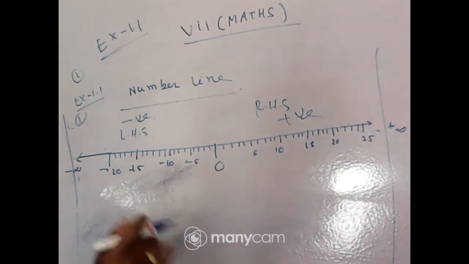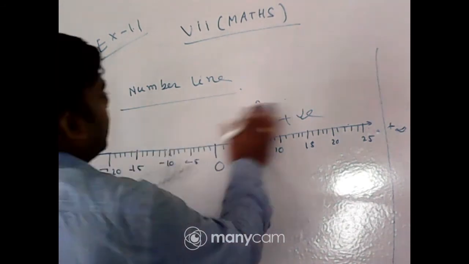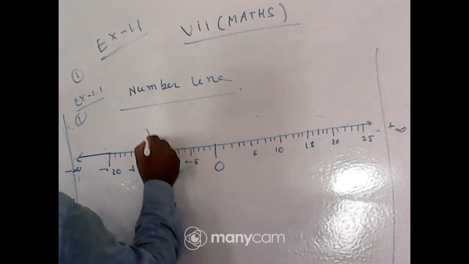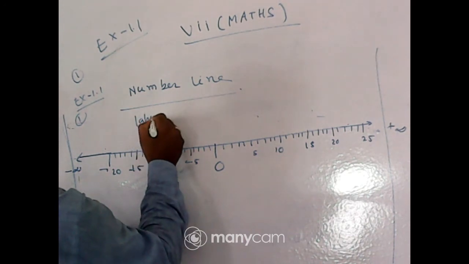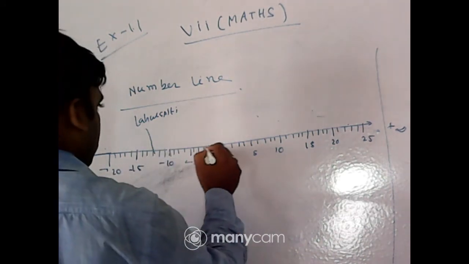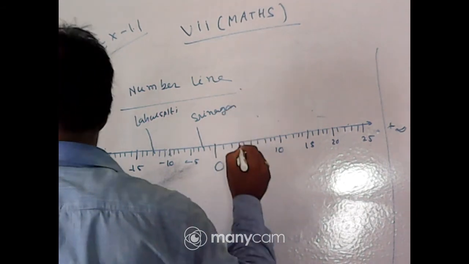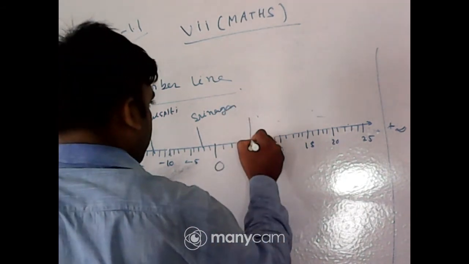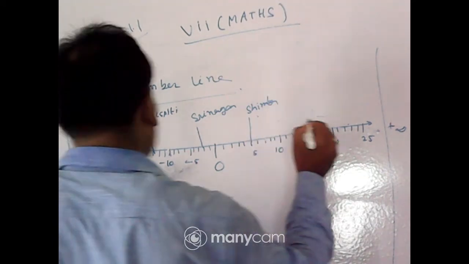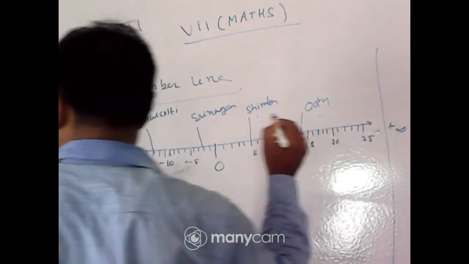Okay, in that number line, some names of cities are given. Here is Lahul Spiti, here is Srinagar, here Simla, here OT, and here Bengaluru.